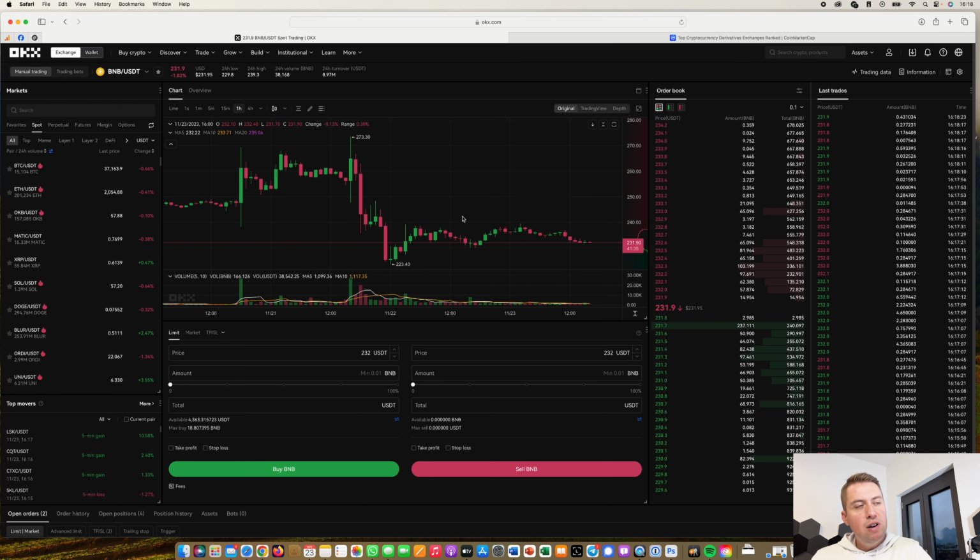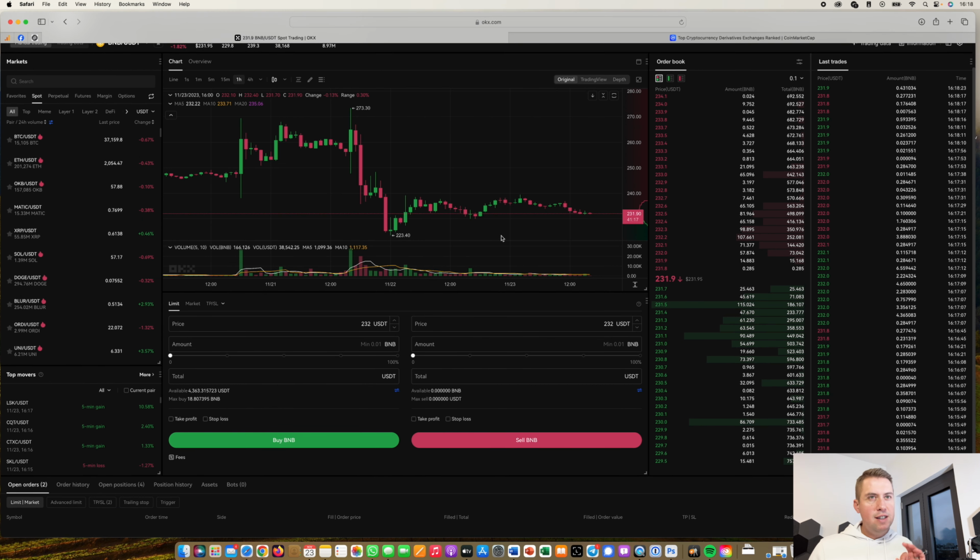So you can't withdraw any cryptocurrency with that. If you want to trade long term, it's always best to buy spot and store it somewhere in a hardware wallet or somewhere else and just leave it there. And if you want to trade short term, then you can trade futures. So let's have a look.